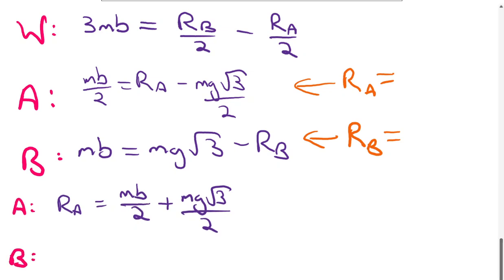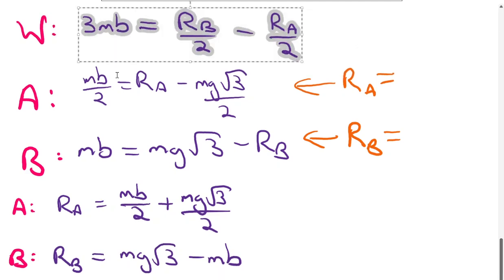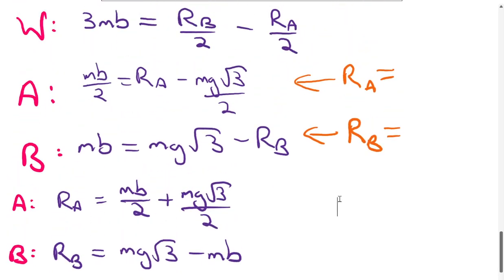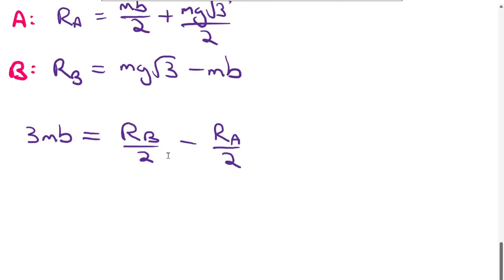This is our B. So the RB is, so bring the RB over to the left. So that'll be MG root 3 minus MB. Okay. And now the moment of truth. Again, pause it, make sure you're happy that my algebra is correct. I am pretty sure that it is.